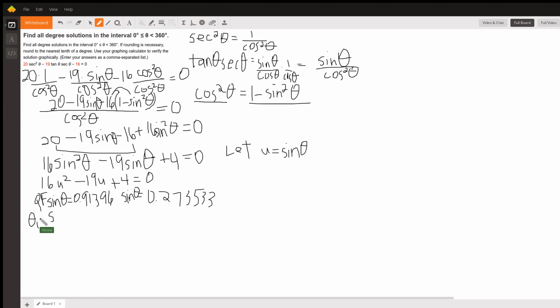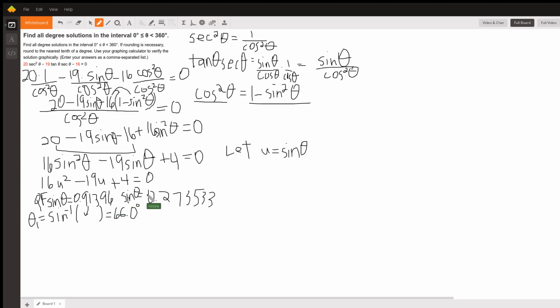And I'm going to call this theta 1 because it's our first answer. And I find out that theta 1 is 66 degrees. Well, 66.0 because your problem says to round to the nearest tenth.